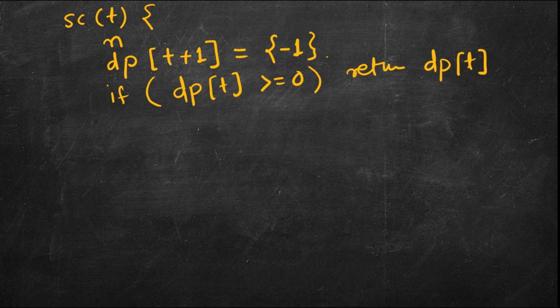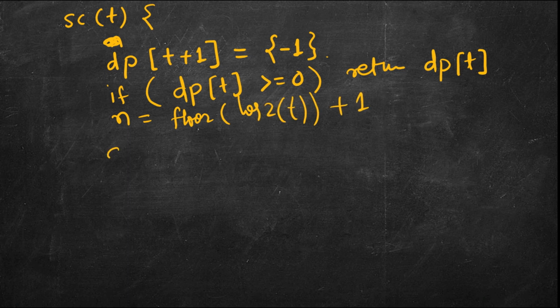If it's not the case, then we will find the value of n equal to floor of log 2 of t plus 1, and then we set dp of t equal to take n steps to the right and then one step to reverse and then come back to target.